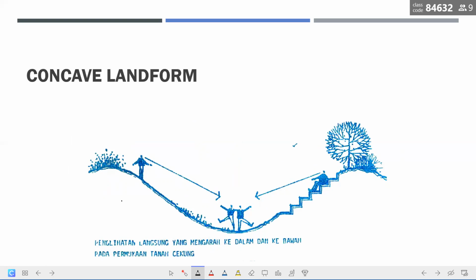But concave landforms can also give that here and there impression, and it does serve as a visual reminder that there is something there, that this particular area here is a place of activity, especially when you're coming towards the concave areas from other parts of the site.